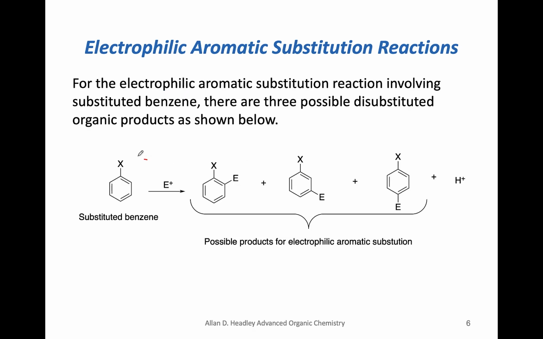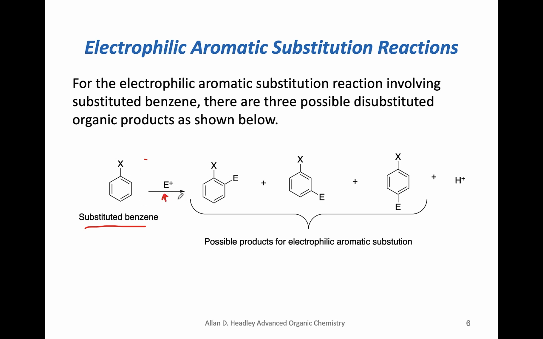Let us look here at substituted benzene. A lot of times you will be required to carry out a reaction where we have a substituted benzene and not benzene, and this substituted benzene reacts with an electrophile.